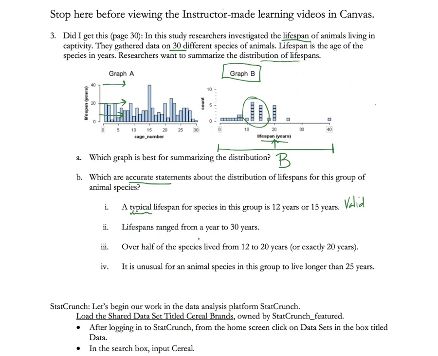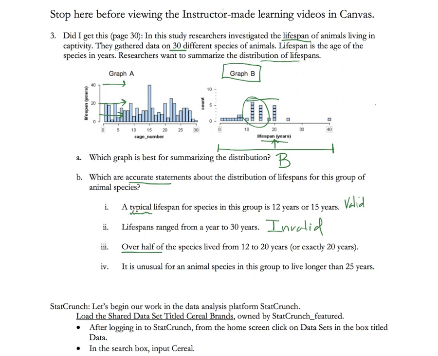All right, the next one, lifespans ranged from a year to 30 years. Well, no, we can see that there is this one piece of data past the 30-year mark, so that makes this statement invalid. Over half of the species lived from 12 to 20 years, or exactly 20 years.